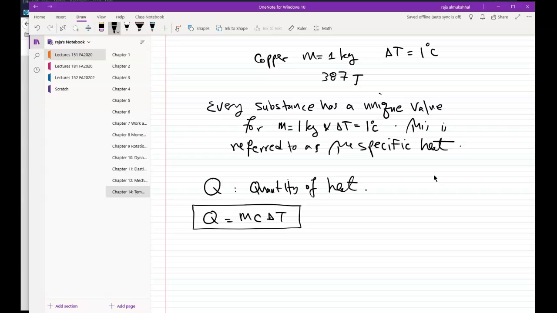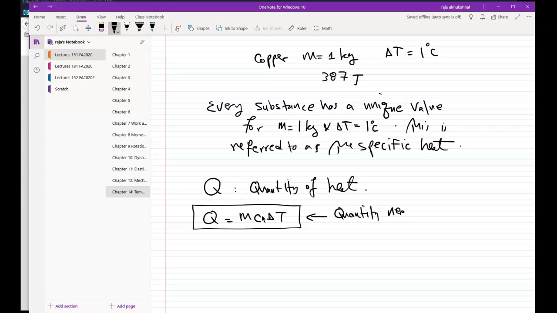Okay, mc delta T. What does that mean? It basically means the amount of heat Q that is needed to raise the temperature by delta T for a specific mass of a substance, and of course that substance has a specific heat C. So the quantity, the word quantity, that's where the Q came from.